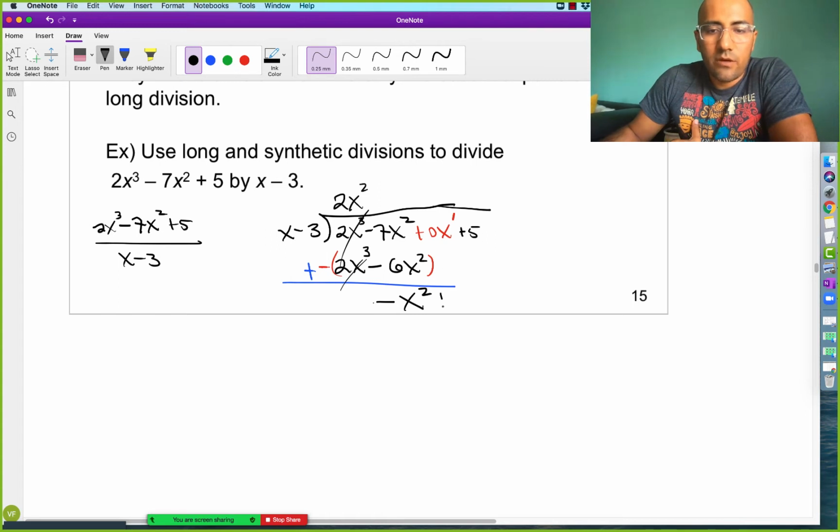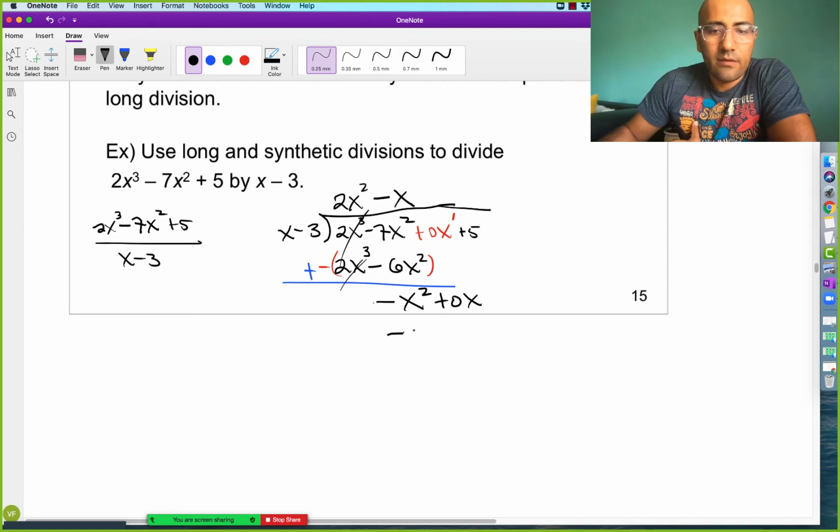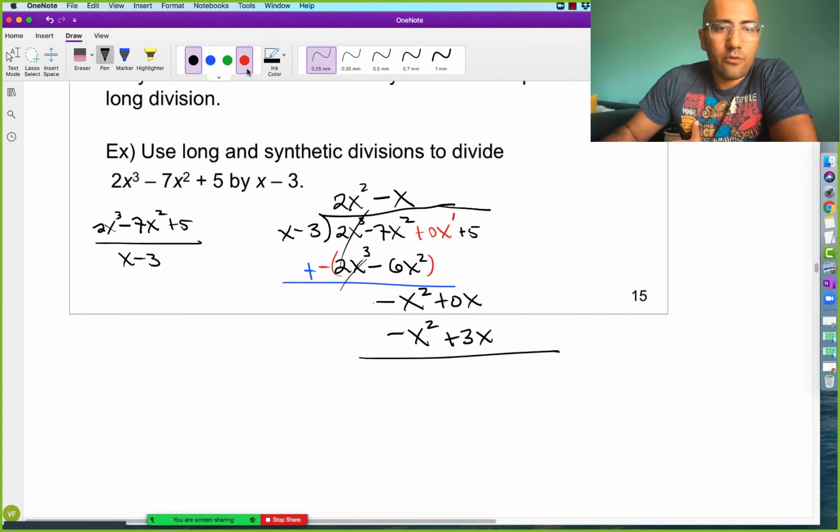Bring down the 0, plus 0x to the power of 1. Next, we make these match, so minus x will do it. Minus x times positive x gives me minus x squared plus 3x. Distributing through by a minus 1, and then adding is going to cancel these guys.